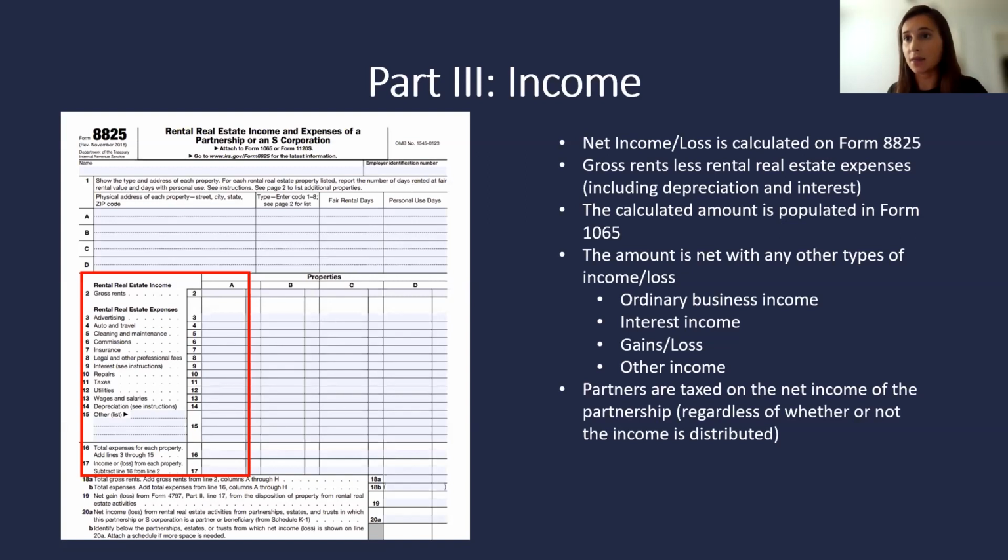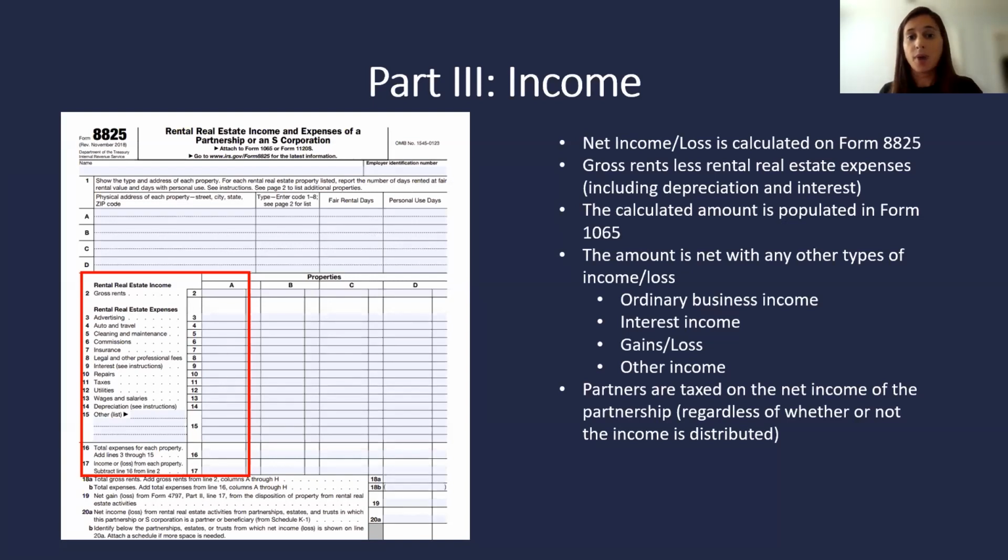So that will be the 100% bonus depreciation in 2022 which will really drive that number to a loss position. And it also includes interest from your loans. So taking gross rents, we're backing out all of those rental real estate expenses like advertising, travel, cleaning, maintenance, commissions, insurance, legal, and also backing out depreciation and interest.